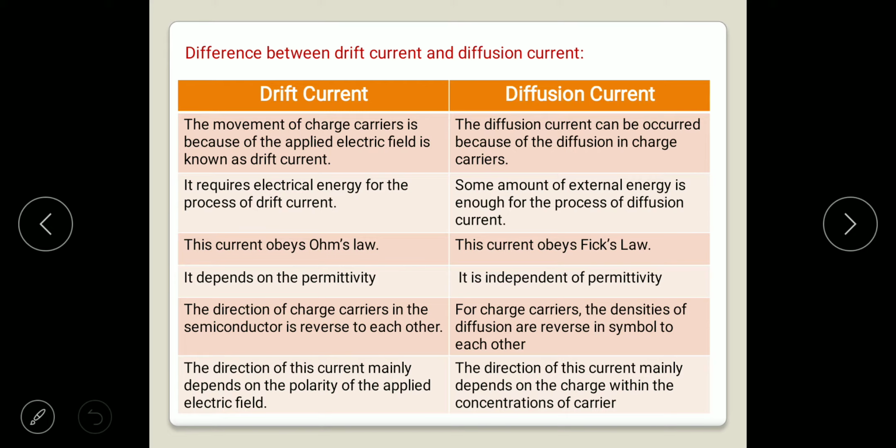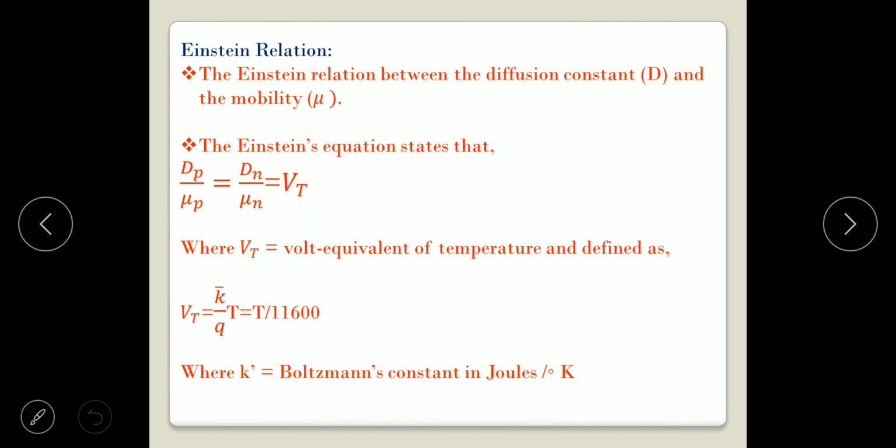So the direction of the drift current mainly depends on the polarity of the applied electric field. The direction of the diffusion current mainly depends on the concentration of the carriers. So this is the differentiating point between the drift current and diffusion current.